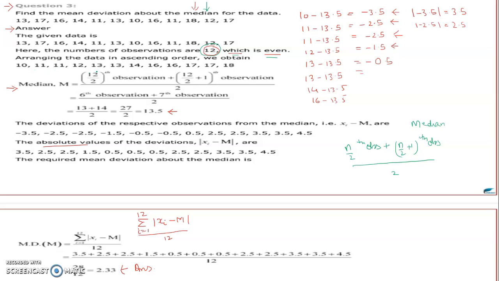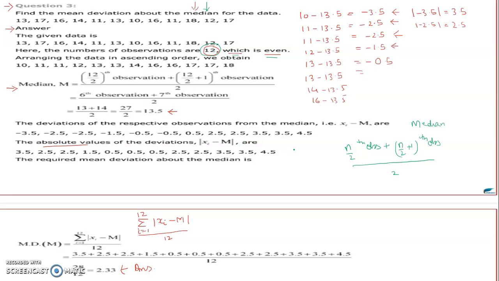After arranging in ascending order, 12 divided by 2 will give me the 6th observation, and the 7th observation. So what is the 6th observation? Count from here: 1, 2, 3, 4, 5, 6. 13. What is the 7th observation? 14. So 13 plus 14 divided by 2, which is equal to 27 by 2, equal to 13.5.